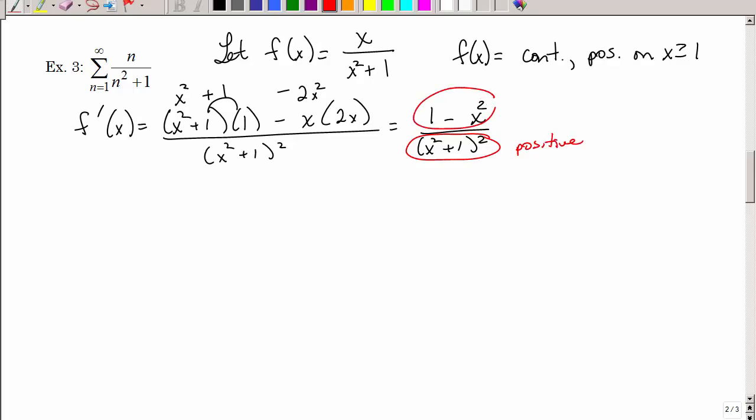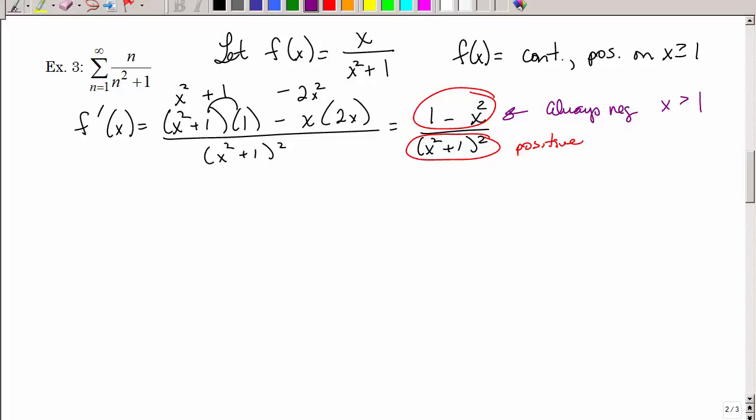Okay, that's good. So this denominator's always positive. The question is, what about that? Is that always negative? Well, this is always negative as long as x is greater than 1. It's not negative at 1, but it is always negative for things greater than 1.